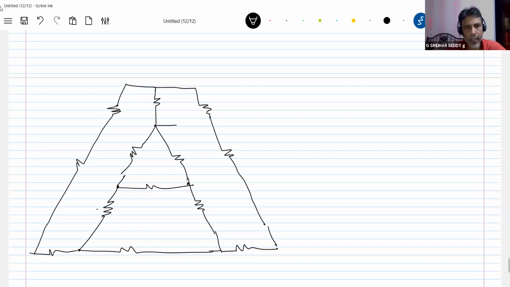Now we have to find the resistance across the terminals A and B. Let each have resistance R. Find RAB.